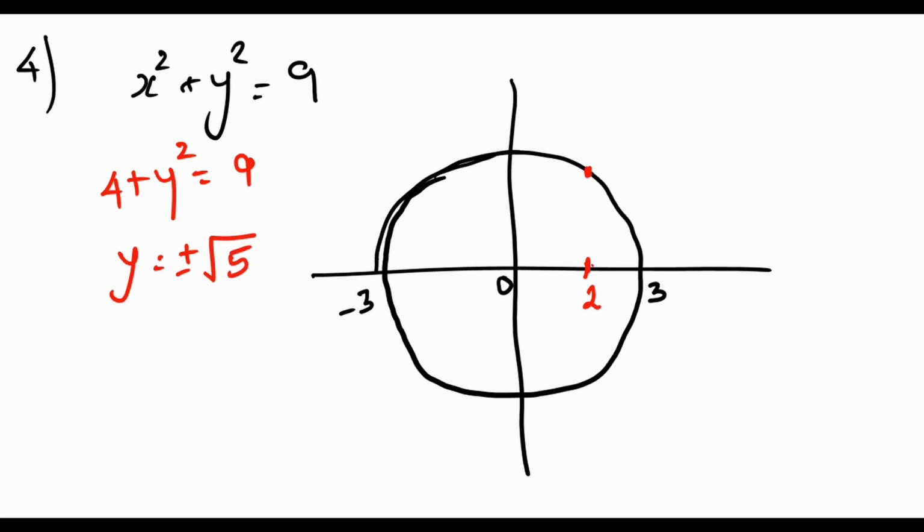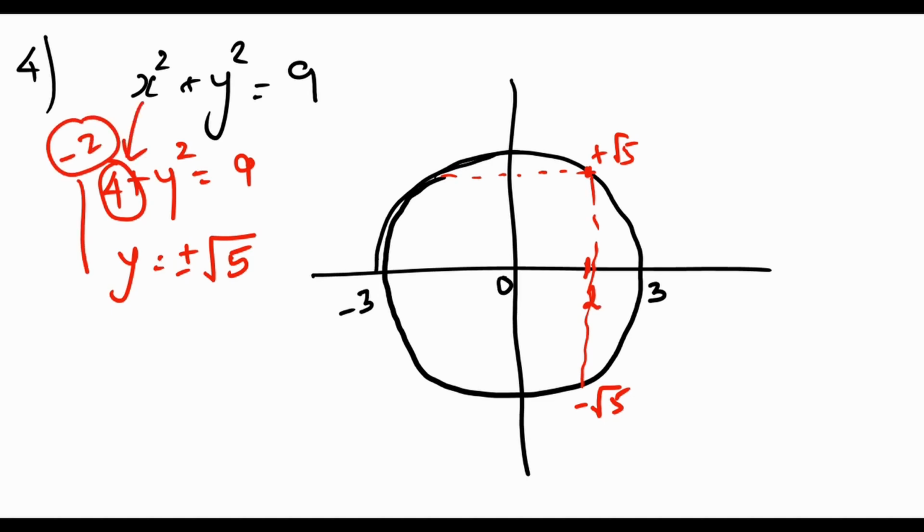Which means I'll get plus square root of 5. So if I go across this, and minus square root of 5, right? And for plus square root of 5, in the place of 2, I can also use minus 2, and I'll get the same values, right? So for minus 2, I'll have the same plus root 5 and minus root 5.